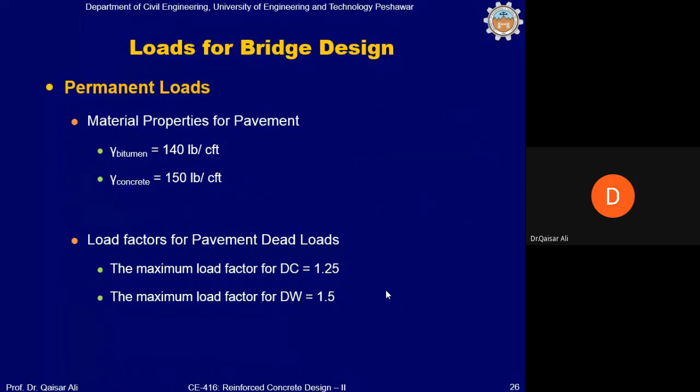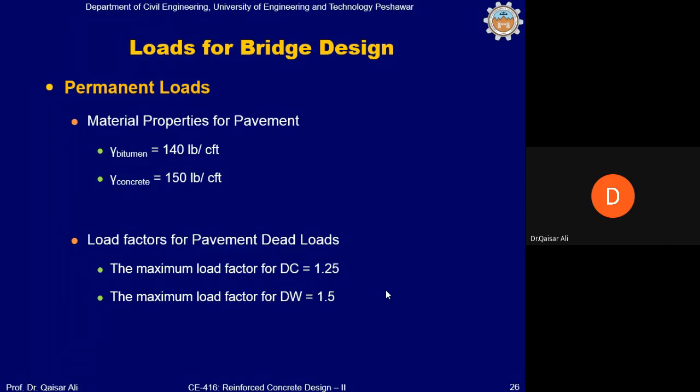Unlike the dead load factors which were used in the design of buildings, beams and columns, the load factors in bridges are different. The maximum load factor for DC type of load is 1.25, and for DW load is 1.5. The reason is that the wearing surface will be replaced several times in the lifespan of the bridge.